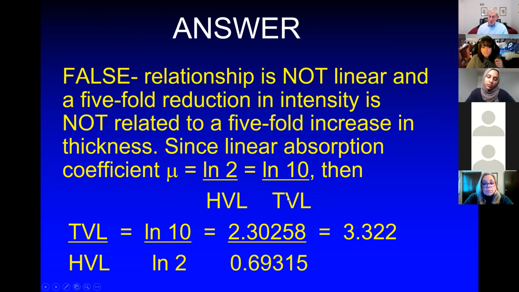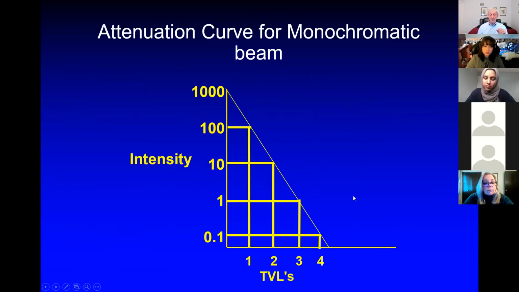And that, if you punch this on your calculator, the ratio of TVL to HVL is the log of 10 over the log of 2. Not 10 over 2, but the log of 10 over the log of 2. And so while the TVL is 5 times as effective, it's only 3.3 times as thick. And that's because this is a logarithmic function and not linear.